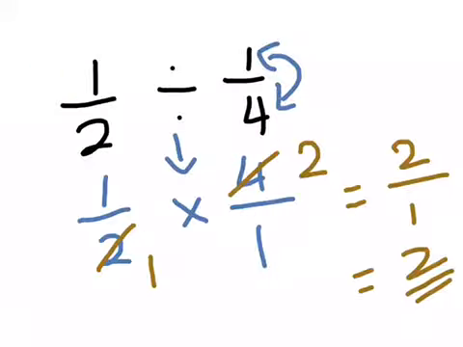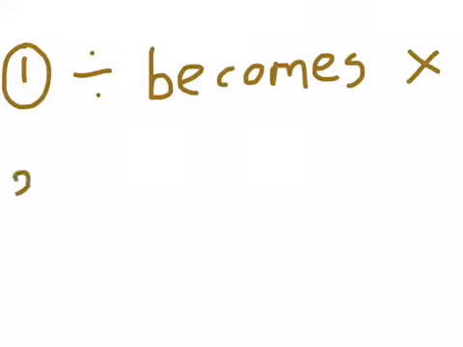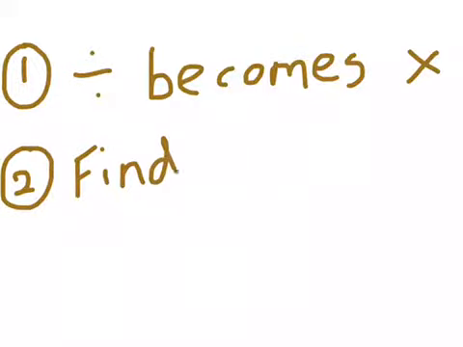The main steps that we need to focus on is that my division symbol becomes a times symbol. The next step is we find the reciprocal. Reciprocal means to flip the fraction or turn it upside down.